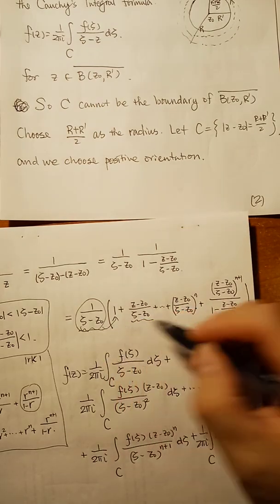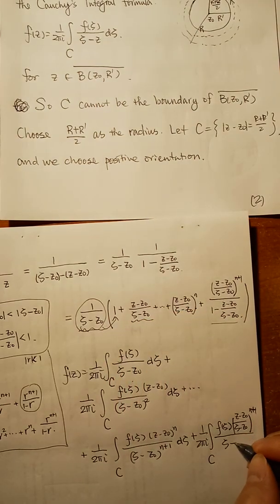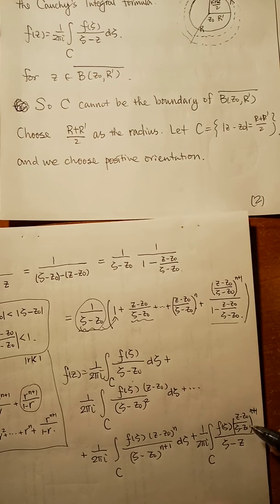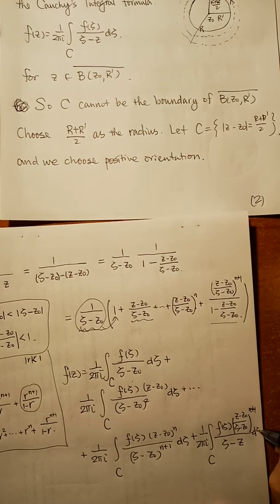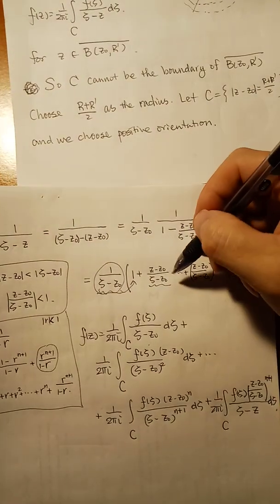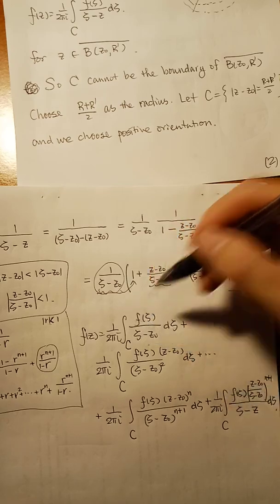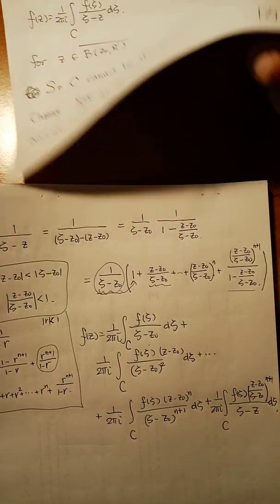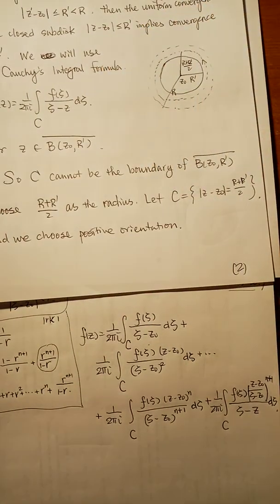You see here, this term times this term is just theta minus z. And d theta. Okay, so it's just a multiplication with f of theta and do the integral. And plus the Riemann integral formula.